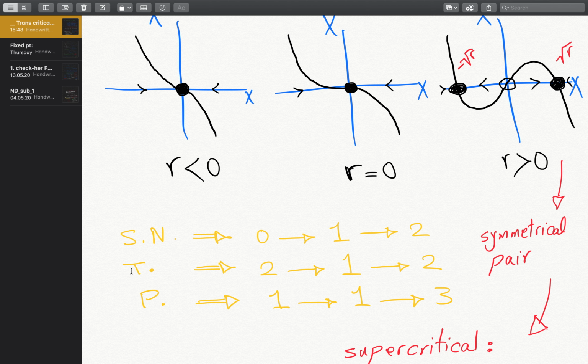However, in transcritical bifurcation, we had two fixed points, and then it changed to one fixed point, and again to two fixed points. But here in pitchfork bifurcation, we have one stable fixed point, and then when r is equal to 0, which is the moment of bifurcation, it is still 1, and then we have 3.